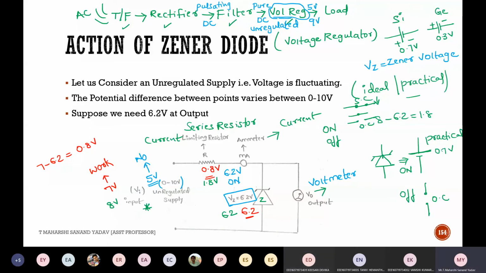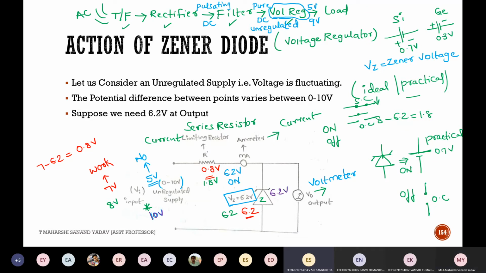Samyuta, can you explain this diagram once again? Suppose you consider the input voltage as 10 volt, and explain this concept so that I'll write it here. If the input is 10 volt, at the output the diode needs only 6.2 volt.